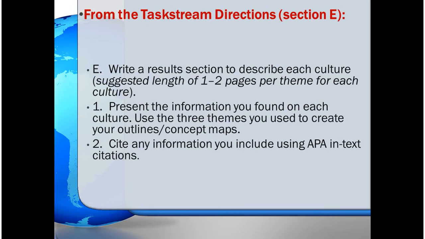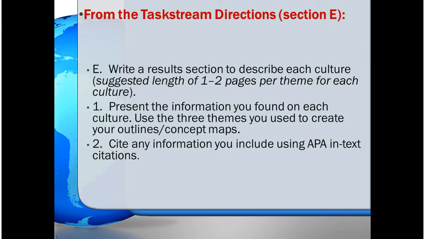So moving into Section E, these are the directions straight from Task Stream. This is the way that they are worded. It suggests that you write a results section describing each of your cultures.